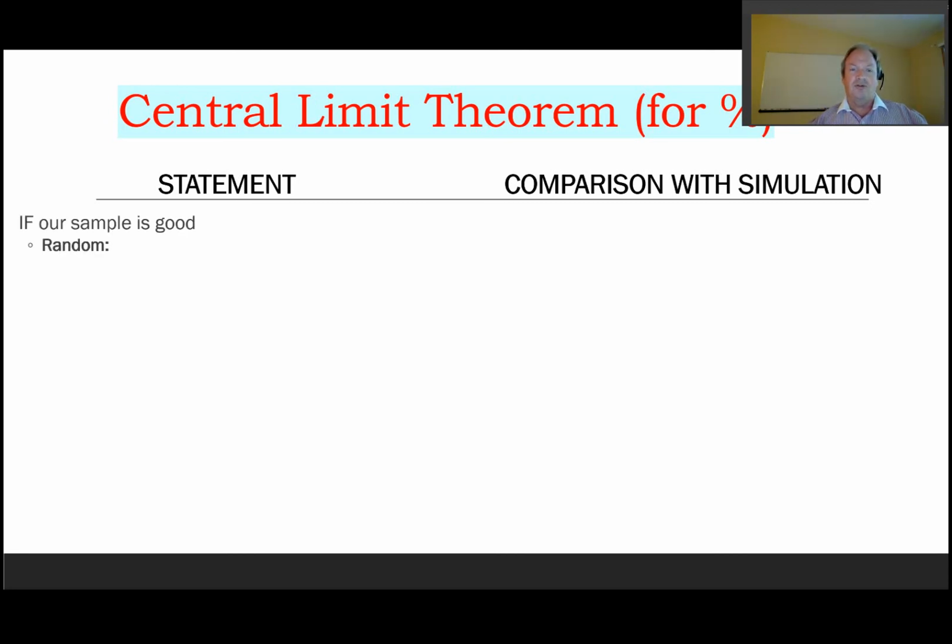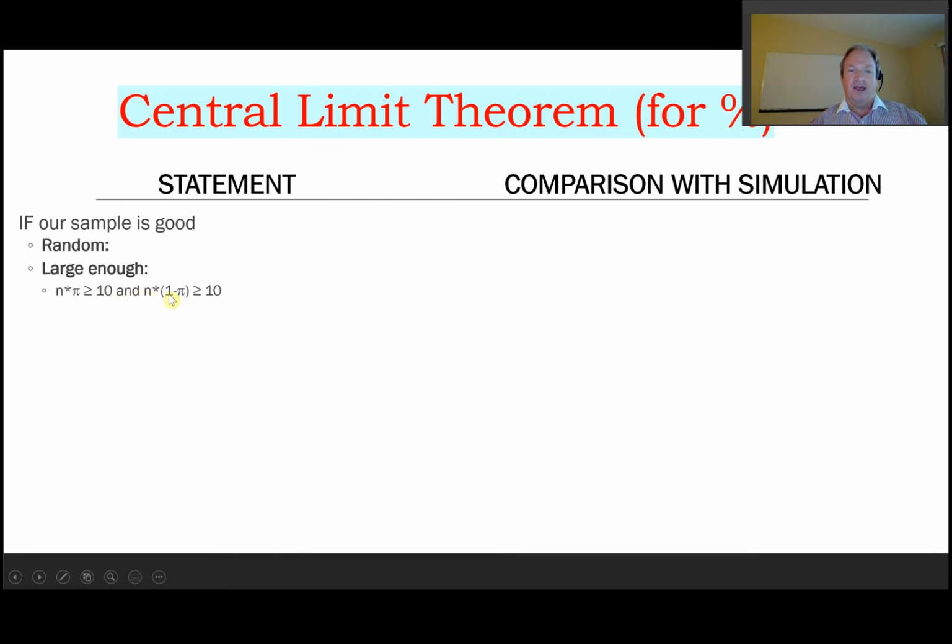So first of all, our sample has to be good. It has to be random, or at least representative of the population, and it needs to be large enough. And there are two conditions, and we have to meet them both for the sample to be large enough. The sample size n times the population percentage has to be greater than or equal to 10.